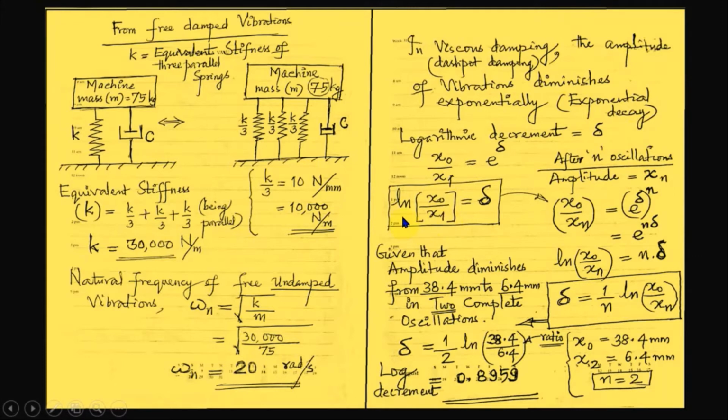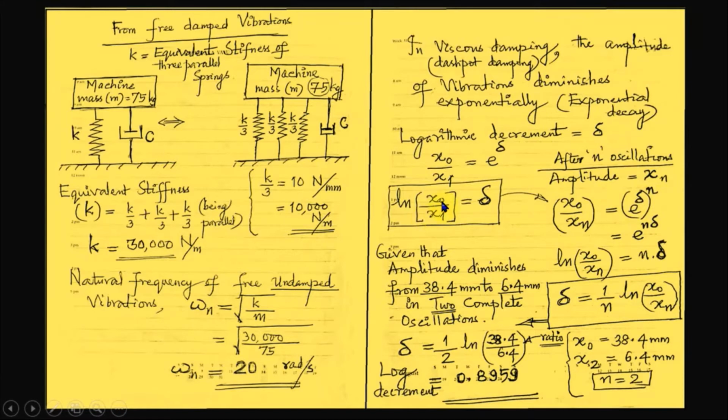So if you take natural log of x0 by x1, or natural log of x1 by x2, or natural log of x2 by x3, you will get logarithmic decrement delta. After n oscillations, if you write x0 by xn, then that will be e raised to delta whole raised to n.